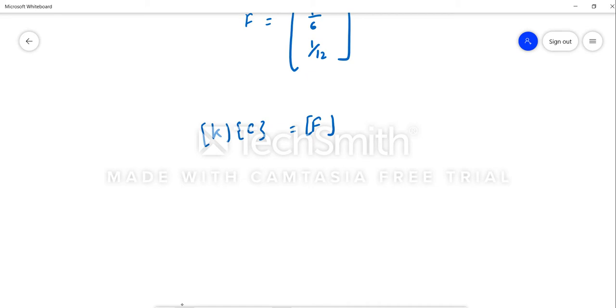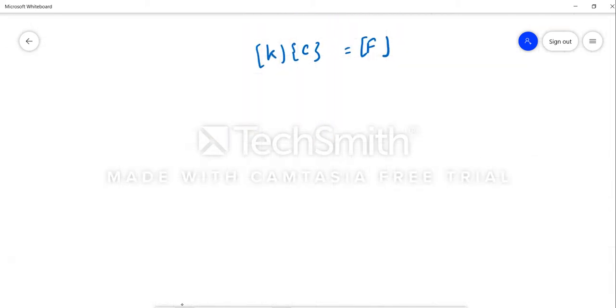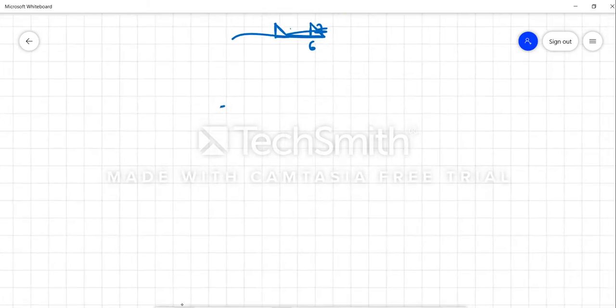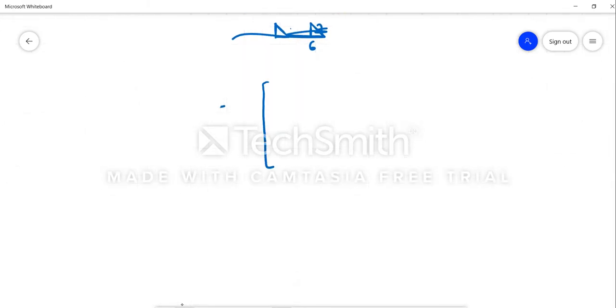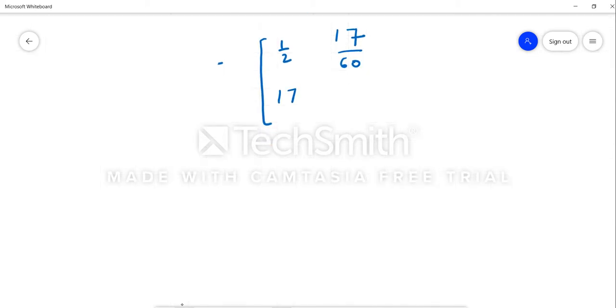We have already calculated it: this is 1 upon 2, this is 17 over 60, and this is 17 over 60, and then it was 7 upon 30.